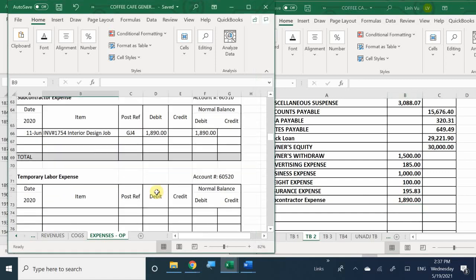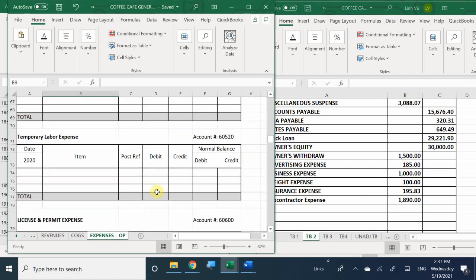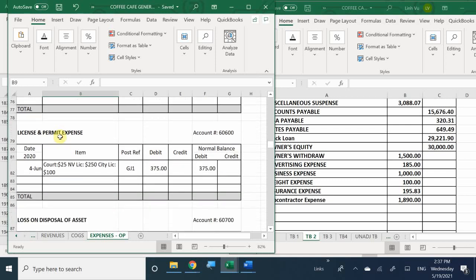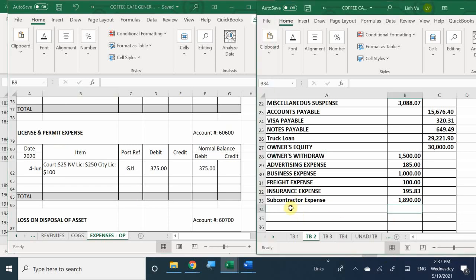We also have temporary labor coming up soon, if they're going to get paid on the 21st. So here we do have a section for our temporary labor expense. Next we have here is license and permit expense for $375.